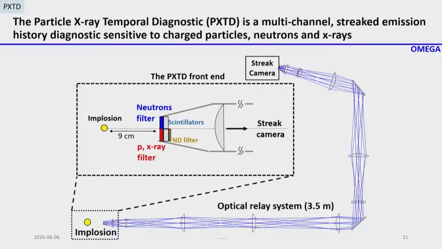And 9 centimeters away, you have a nose cone with different scintillators that are filtered for neutrons or protons. As charged particles, X-rays and neutrons hit the scintillator, it deposits energy and you get scintillator light. This light is relayed outside the target chamber through a 3.5 meter optical relay.